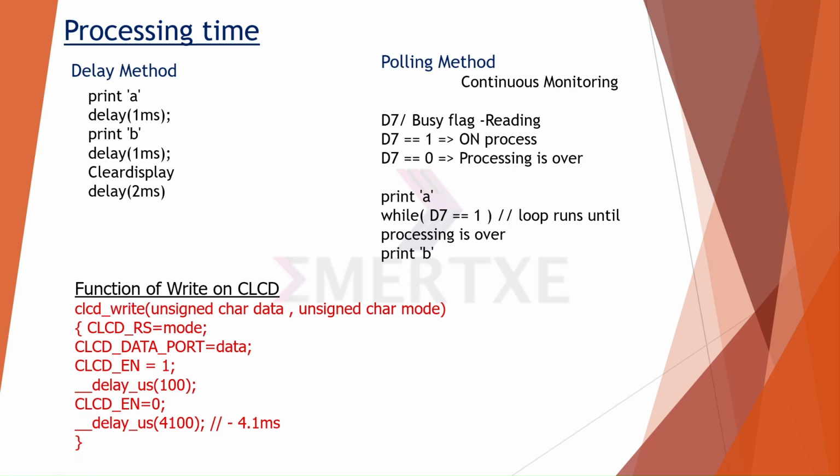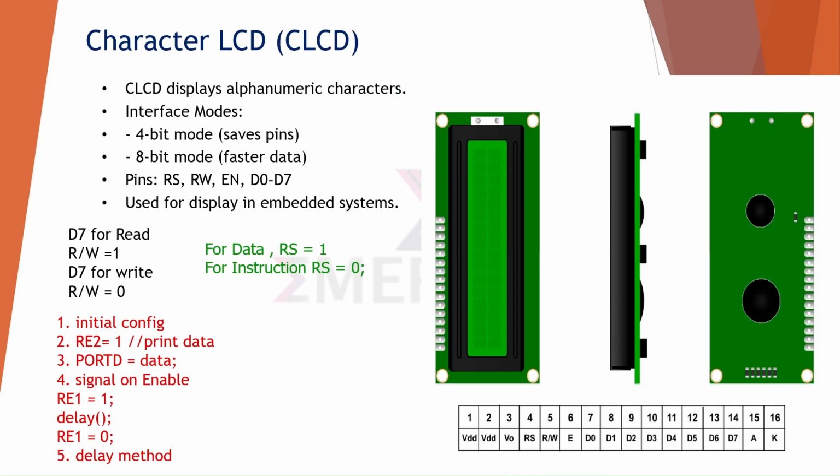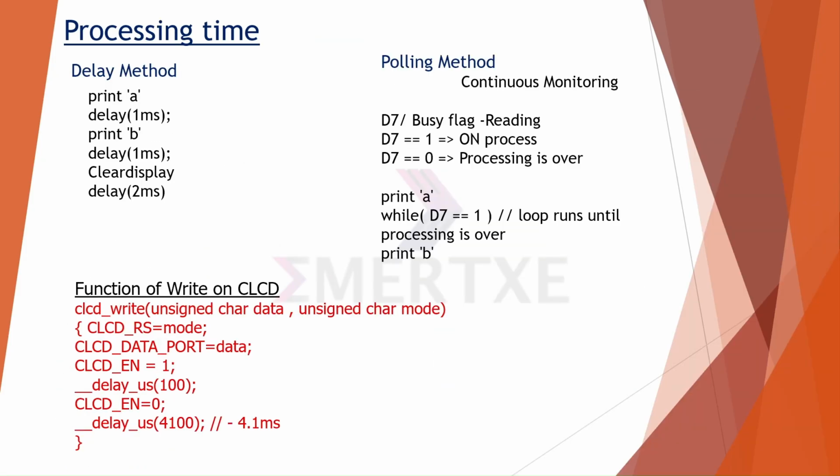After the delay, we have processing time, with the delay method and the polling method. In our case, we use the delay method because the polling method cannot be used, as the RW pin is already grounded and the D7 value is already 0 in our case. So the reading operation cannot be performed.